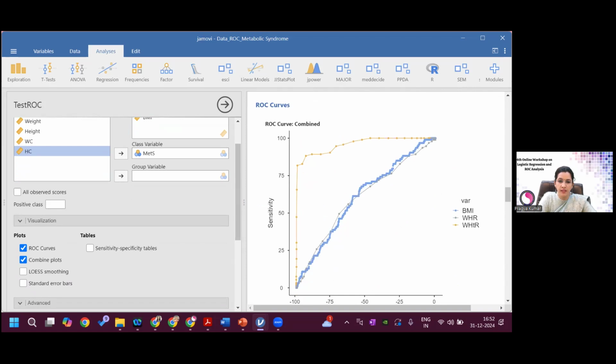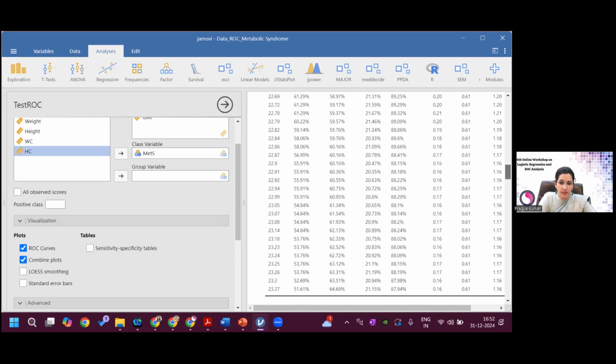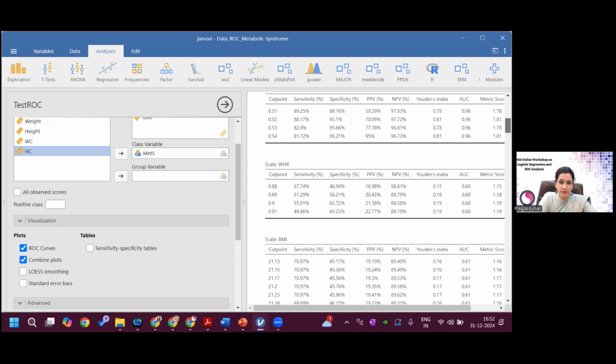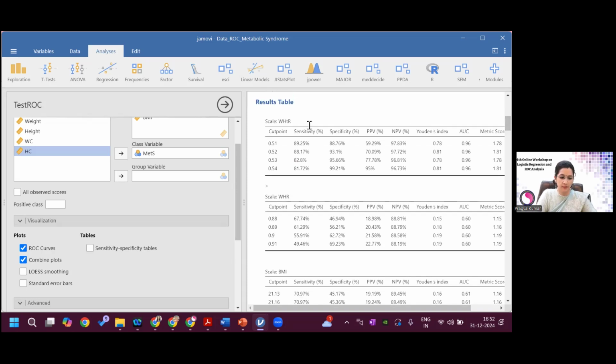This blue one is for BMI, which has poor discrimination. The waist hip ratio is again not very good, and the waist height ratio is good. If you see the overall AUC above, it will give you the cutoff table we have seen.